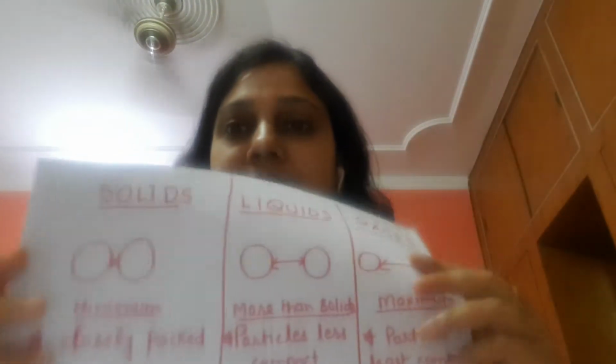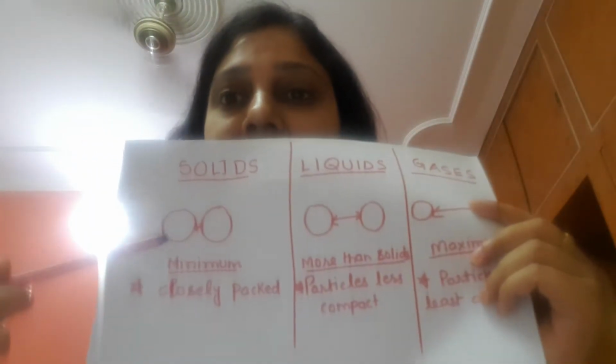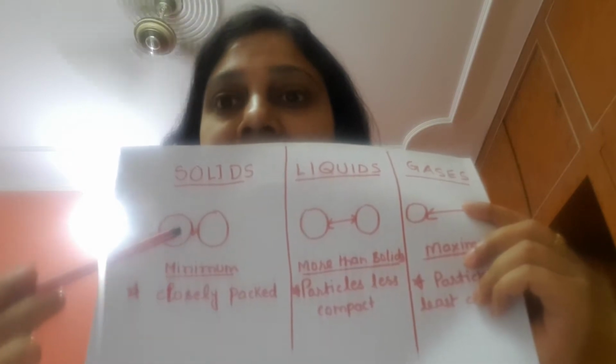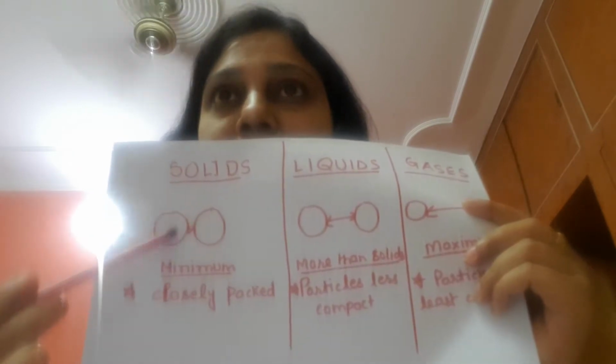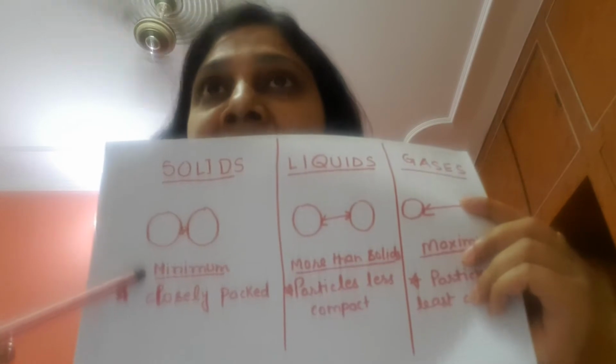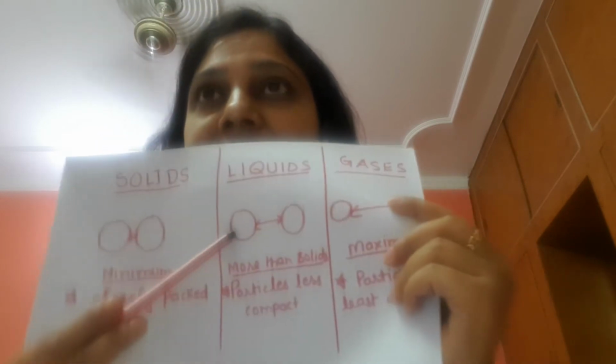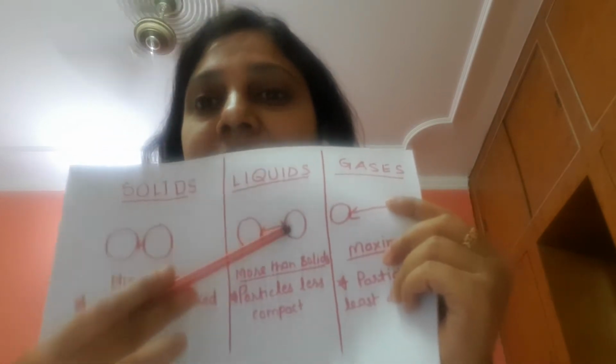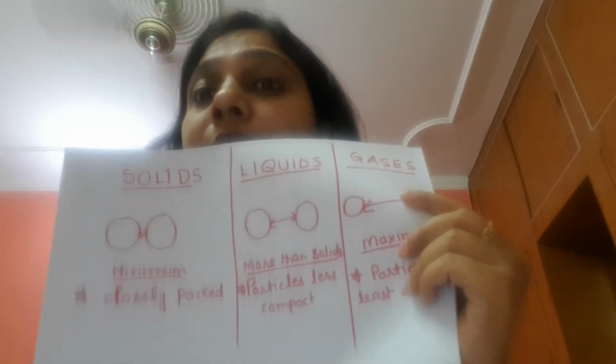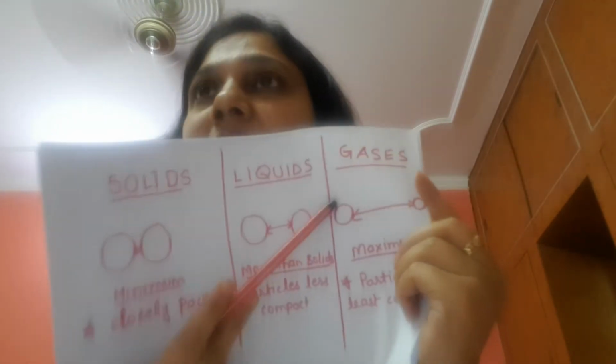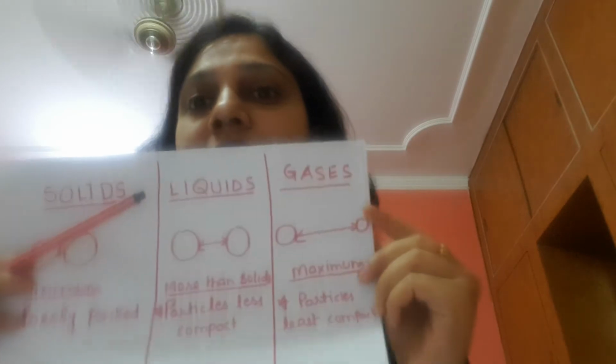I will show you. Just see here. Solid, these are the two particles and the distance between two particles is minimum here. Just see liquid, the distance between two particles is more than solid, and the third one is maximum in case of gases.